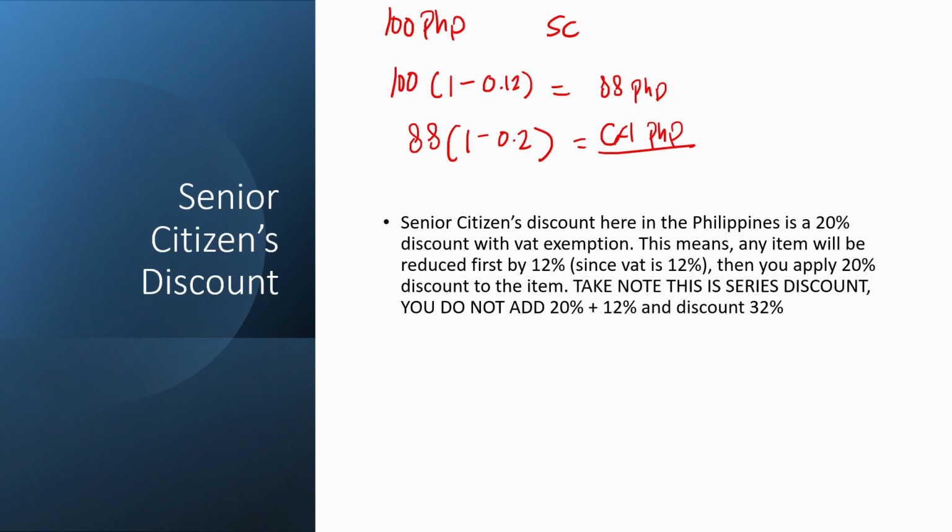Okay, what would happen if you use 32%? So 100 pesos, 1 minus 0.32. You would get a price of 68 pesos, which is wrong. Okay. So you're not going to add the two percentages together.